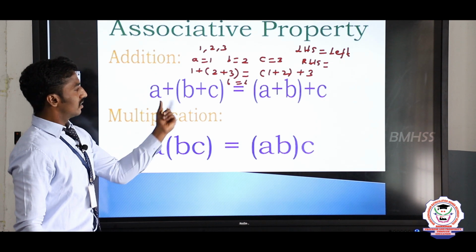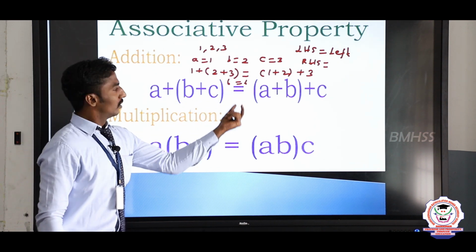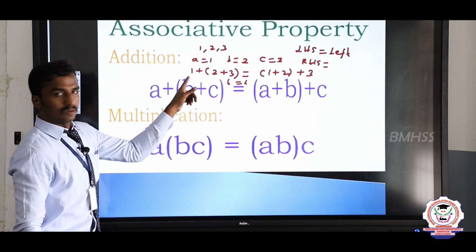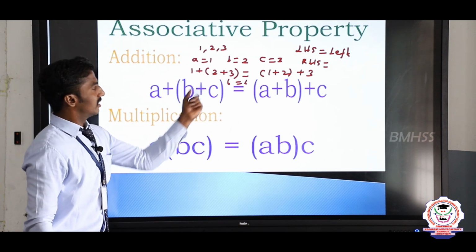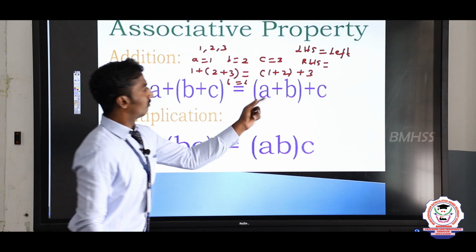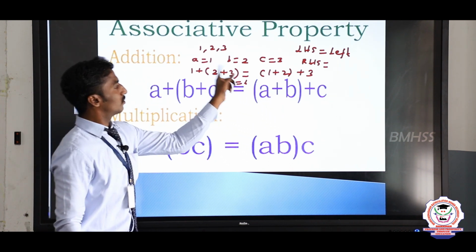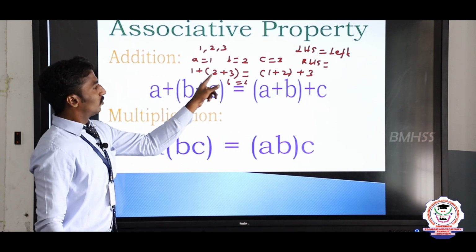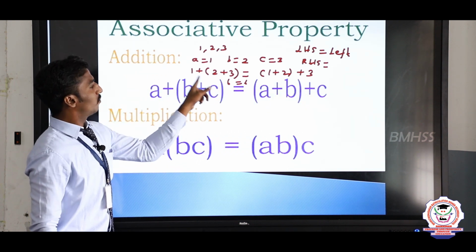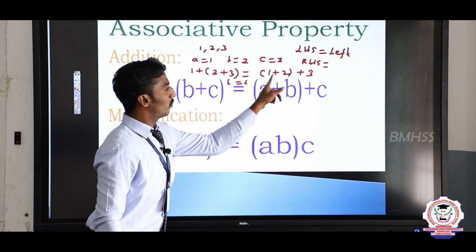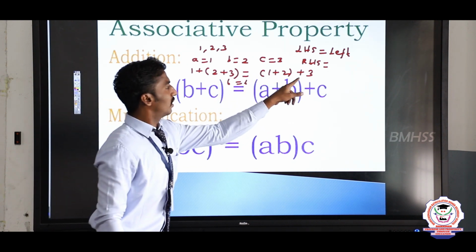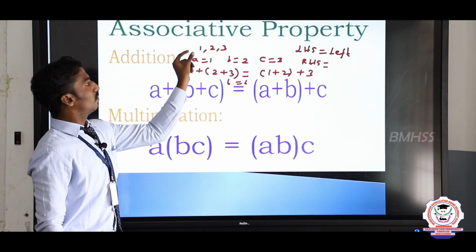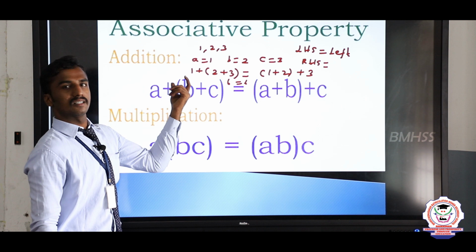A plus (B plus C): 1 plus 2 plus 3, we get 5, 5 plus 1 is 6. (A plus B) plus C: 1 plus 2 is 3, 3 plus 3 we get 6 only. So LHS equals RHS. So the associative property of addition is satisfied for whole numbers.